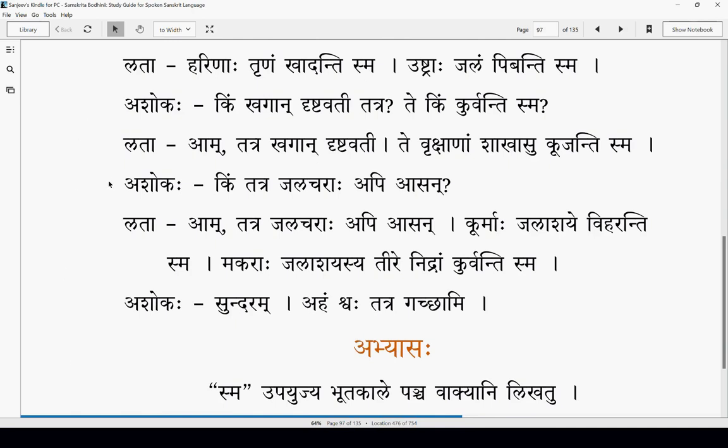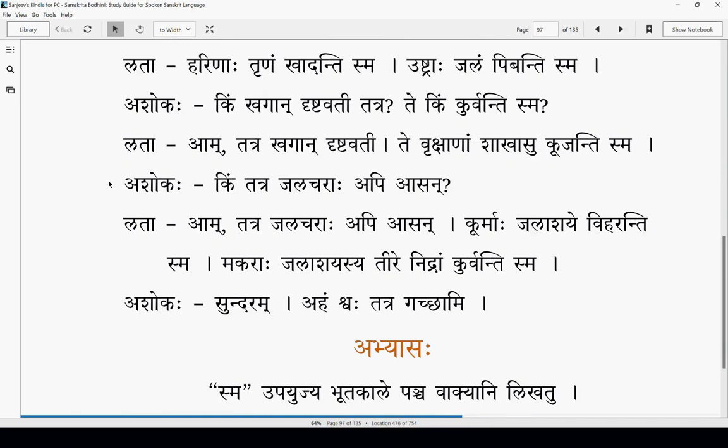So here the tone has to change because we want to ask. Ashoka wants to ask, did you see the birds there? Not asking which birds did you see there. He wants to ask, did you see the birds there?